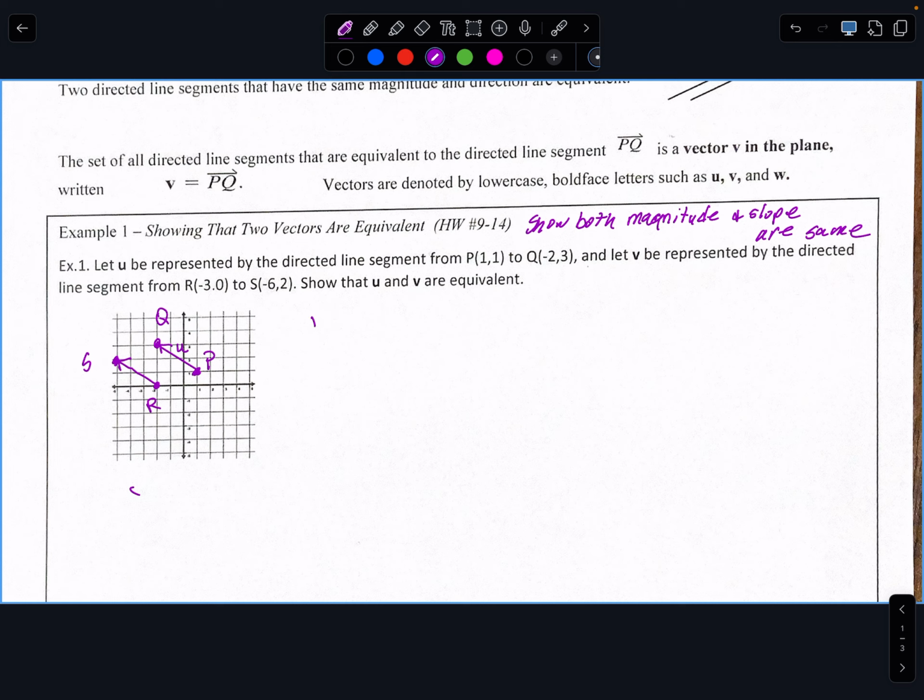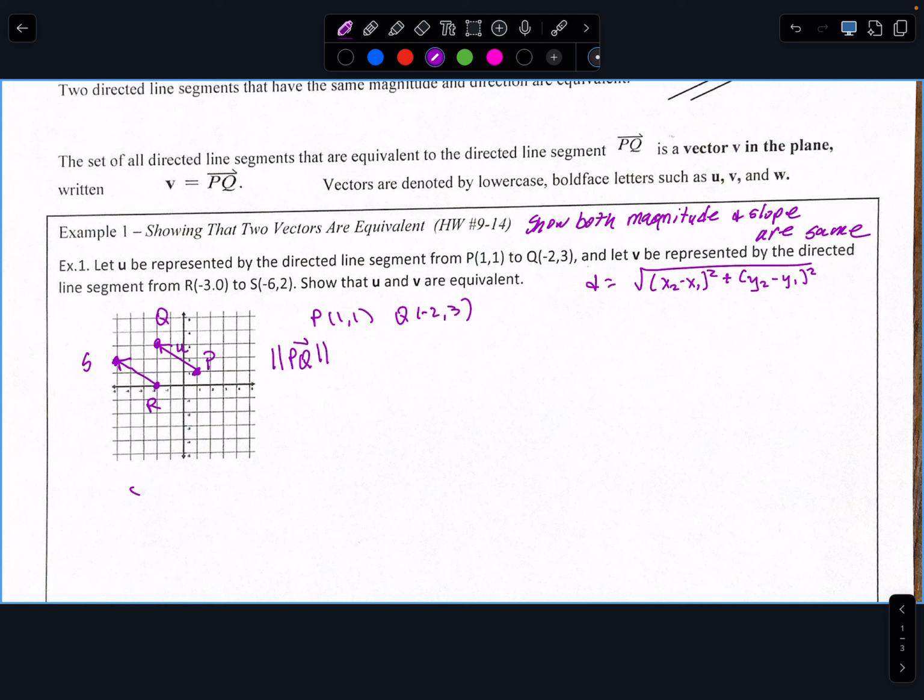So we have this, P is at 1, 1, and Q is at negative 2, 3. We're going to use the distance formula to show the magnitude of vector PQ, and get used to that notation. The distance formula is your change in x squared plus your change in y squared, and then the square root of their sum.